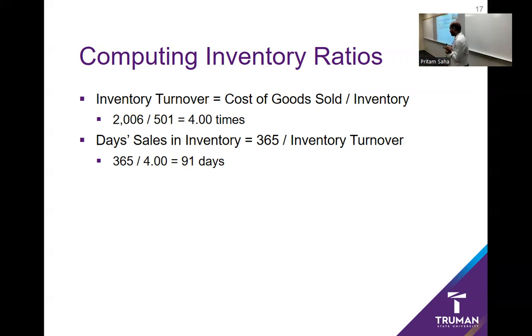First solution, if you are doing any ratios where the numerator has an income statement item and the denominator has a balance sheet item, then take the average value, which is beginning plus ending divided by 2, right? If not, you can do either beginning or ending. But whatever you are doing, make sure you are consistent.